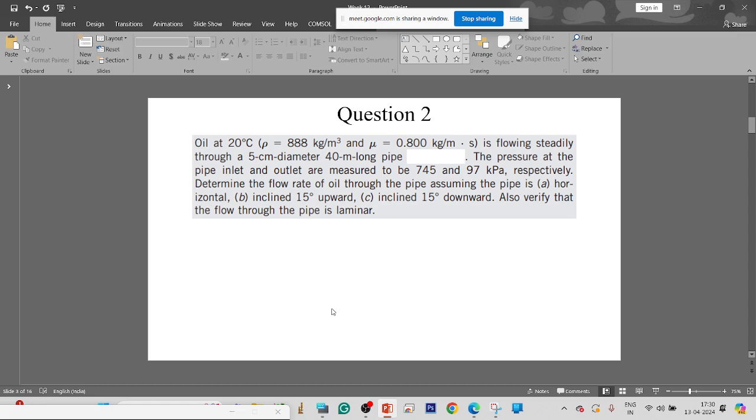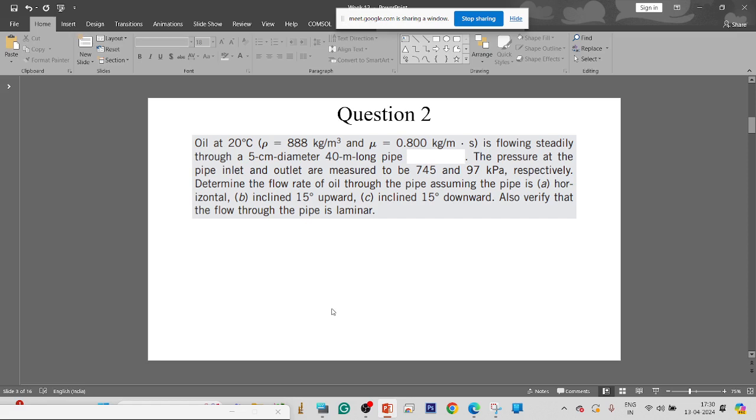This gives mu upon r d/dr of r du/dr equals dp/dx plus rho g sine theta. The boundary conditions are: at r equals 0, du/dr equals 0, and at r equals capital R, u equals 0. These are the two boundary conditions.